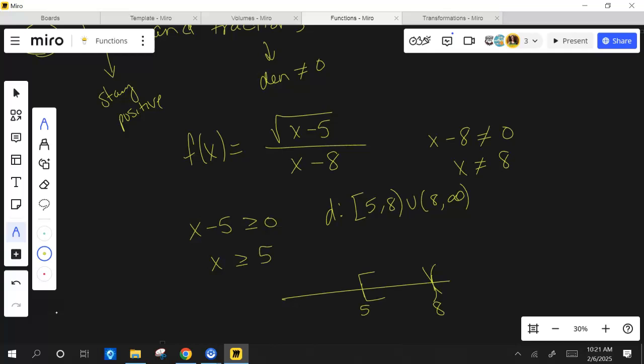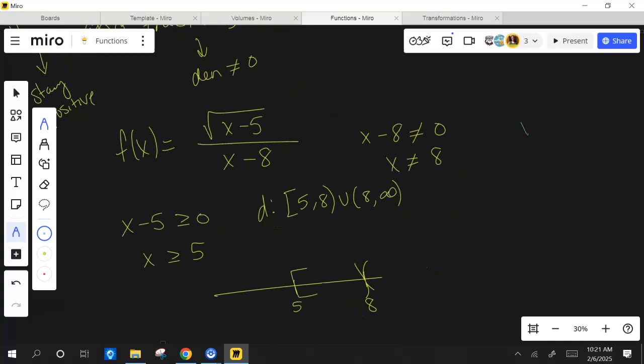Now, a couple of things about this one. If I had square root of x minus 5 over x plus 8, it changes a little bit, because this means x can't be negative 8, but look, negative 8 is over here. I already left it out, so I ignore it, because remember, if it's left out of one, it's left out of both of them. It's already been left out of the first one, so I don't have to leave it out again.